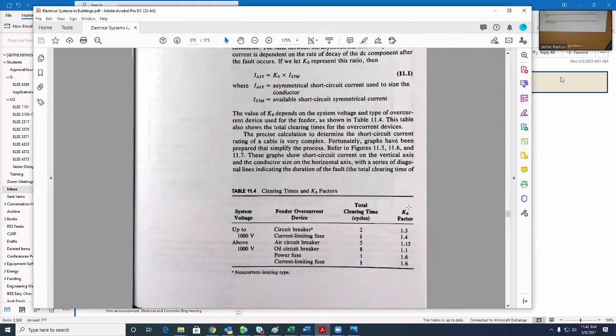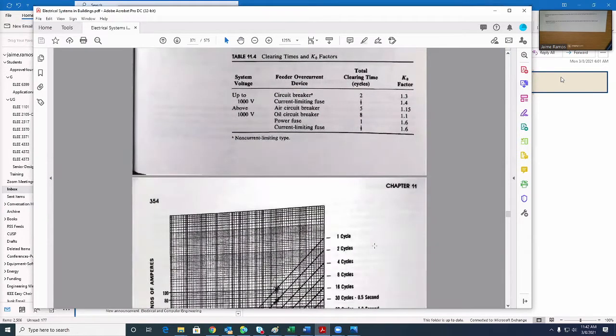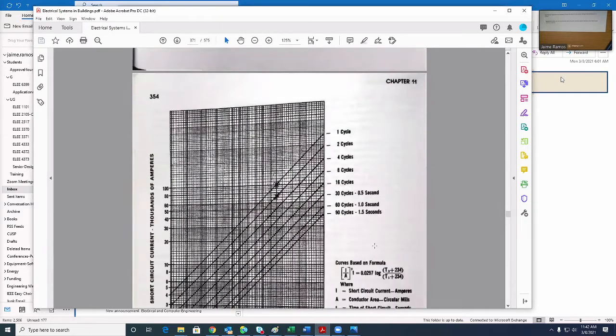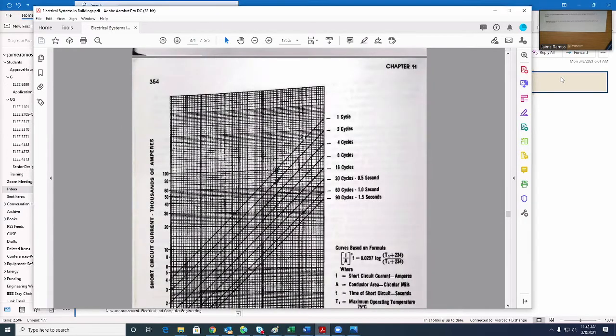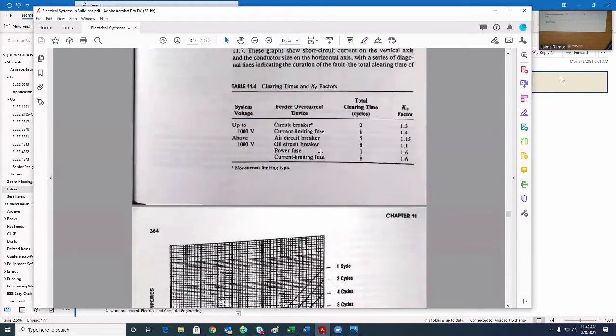So here is the K0 factor, look. As we can see, the total clearing time in cycles. So we apply that. And then next, from this table, we can look at how many cycles for clearing.